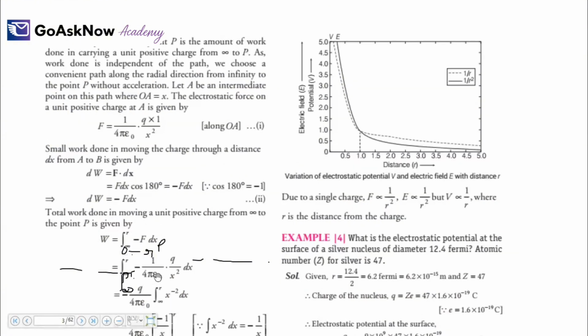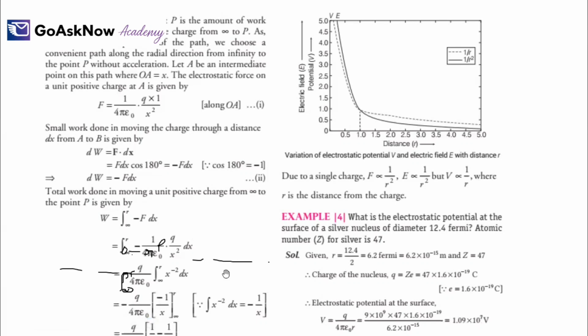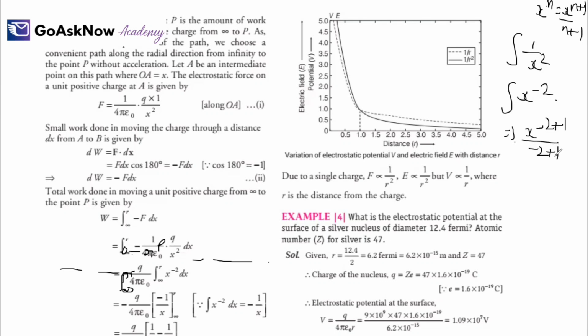What is the integration of 1 by x squared? You already know that it is x to the power minus 2. The integration of x to the power n is x to the power n plus 1 upon n plus 1. So here you get x to the power minus 2 plus 1 upon minus 2 plus 1, which is equal to minus 1 by x.